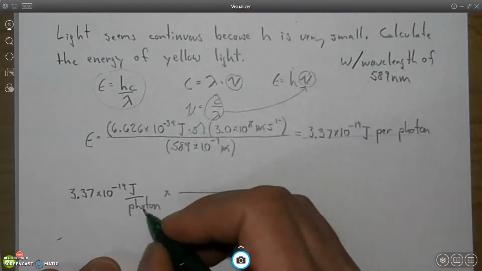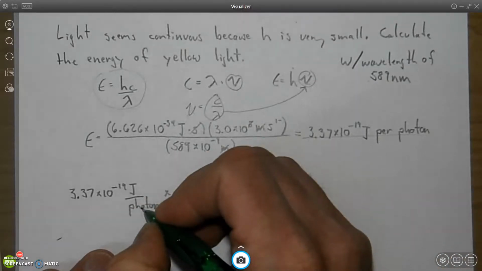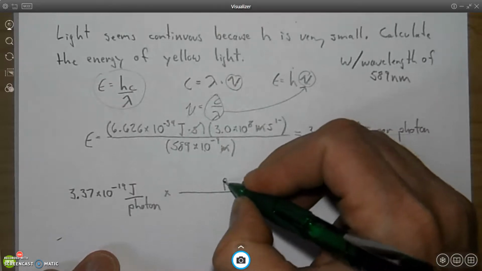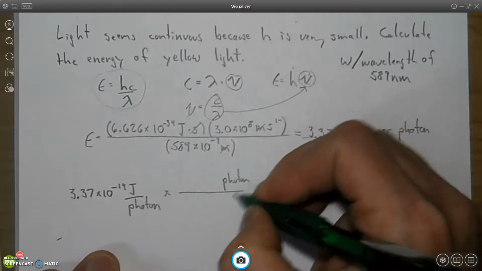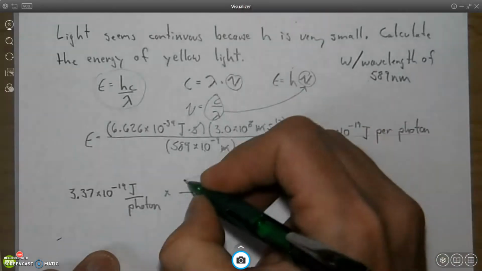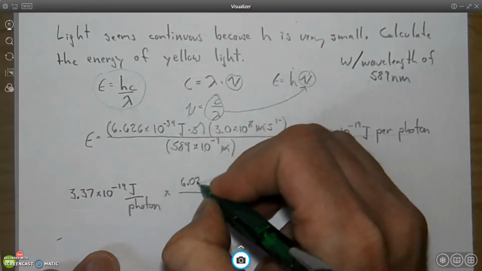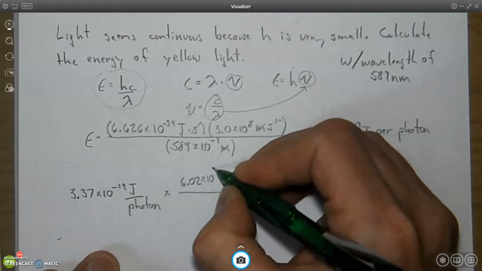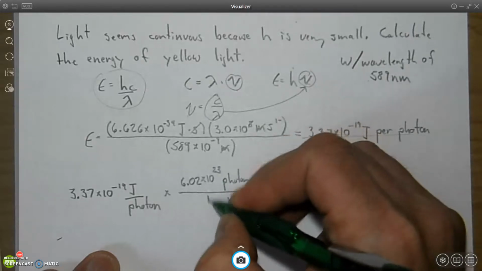So if I have per photon, and I want a mole, how many photons are in a mole of photons? Well, just like any measurement, like a dozen, 6.02 times 10 to the 23rd photons are in 1 mole of photons.